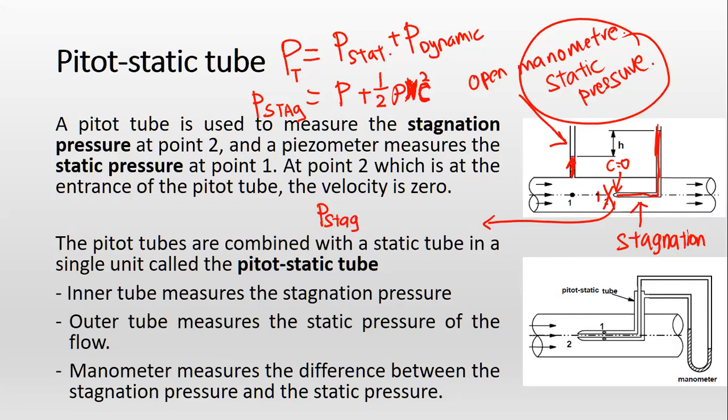If I compare this point 1 and this point 2, because energy is conserved, we can say that P1 equals P2. P1 consists of P plus half rho c squared. At 2, because you have already brought the velocity to 0, it will only consist of P.